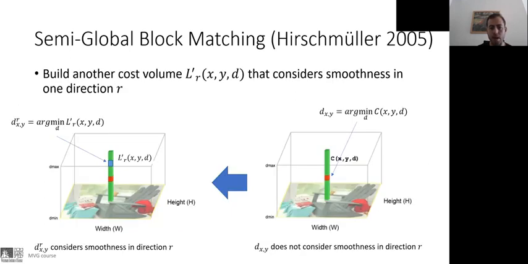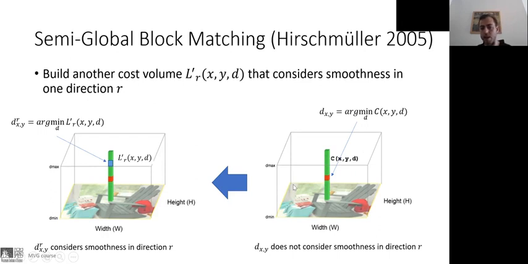What they also showed is that we can go from a cost volume that does not consider smoothness, where the argmin for each xy over the k disparities will give us a trivial or naive solution, the winner takes it all solution, which does not consider any smoothness constraint.